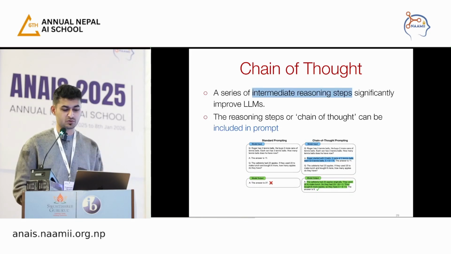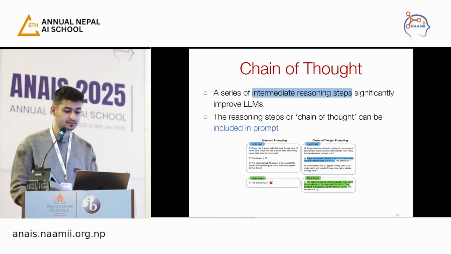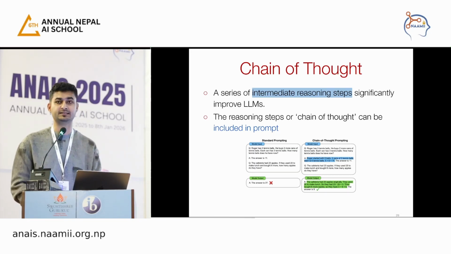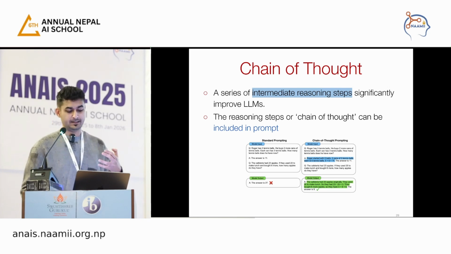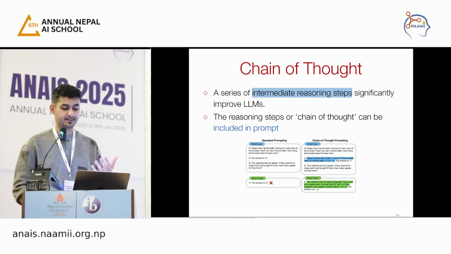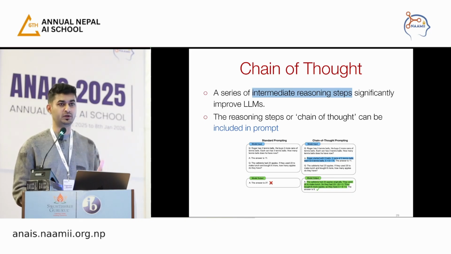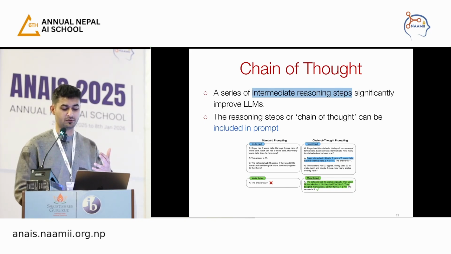So this was what chain of thought found out about large language models: a series of intermediate reasoning steps in the few shot exemplars of the prompt can significantly improve LLMs without doing anything else. And the reasoning steps can be included in the prompt, as highlighted in these blue examples of solving mathematical word problems.